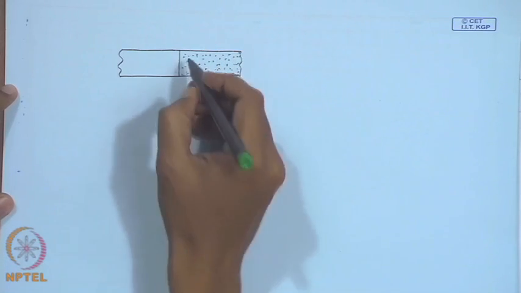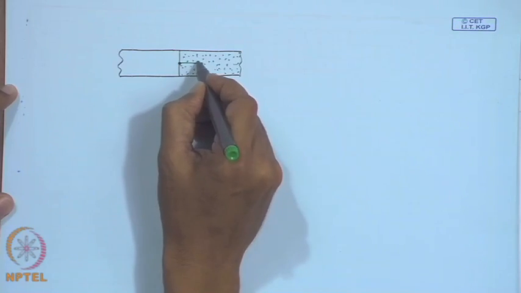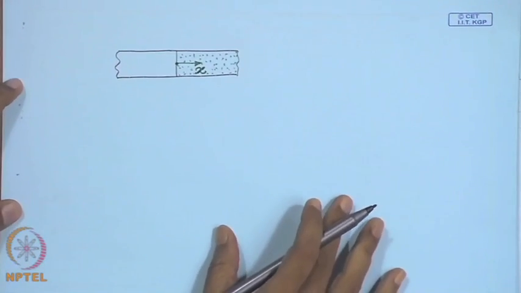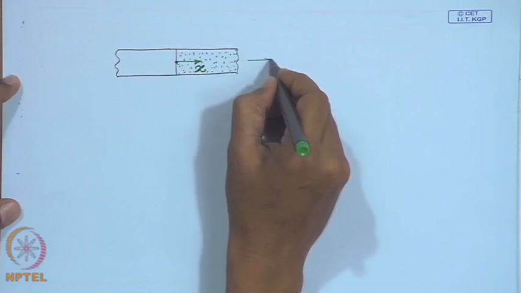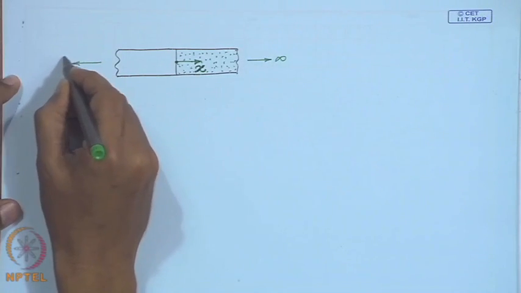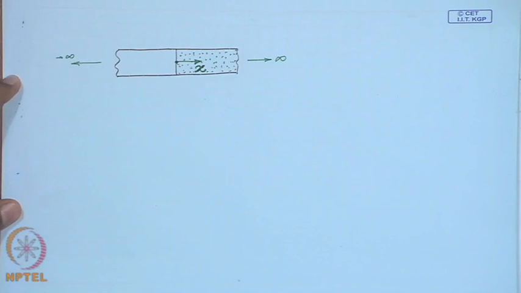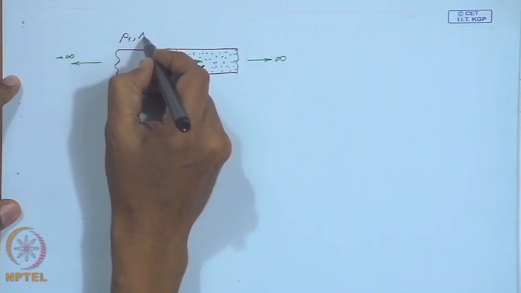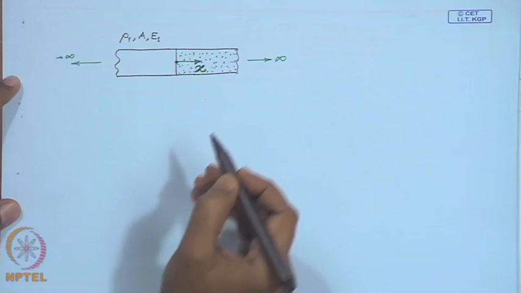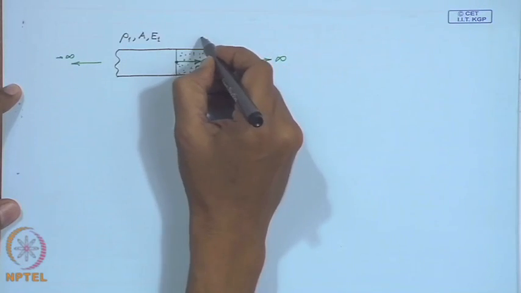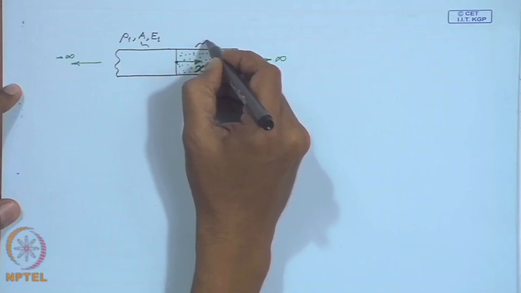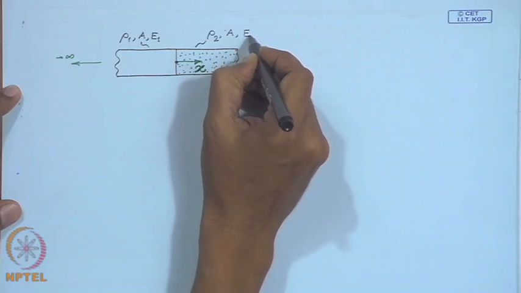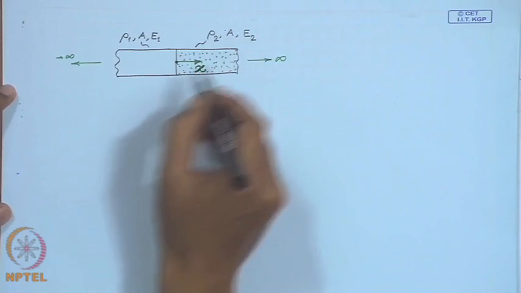So, we have, so this is the junction, this material 1 has material and geometric properties like this, the material 2 is like this.